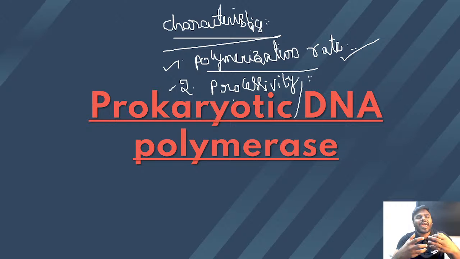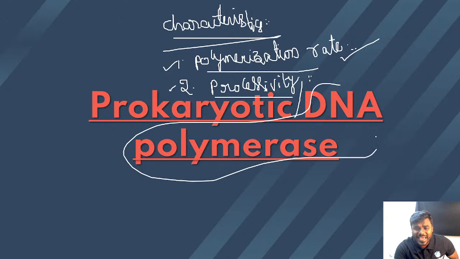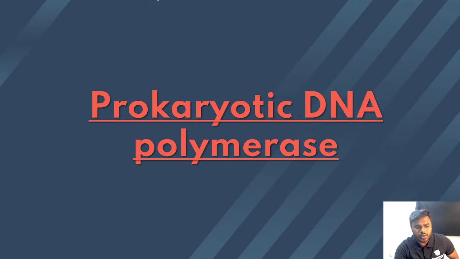Processivity means how much extent it will continue the same process. That is called processivity. Now, when a particular enzyme possesses these two characteristics, then only we can call it a true DNA polymerase enzyme. As I told you, there are three polymerases.